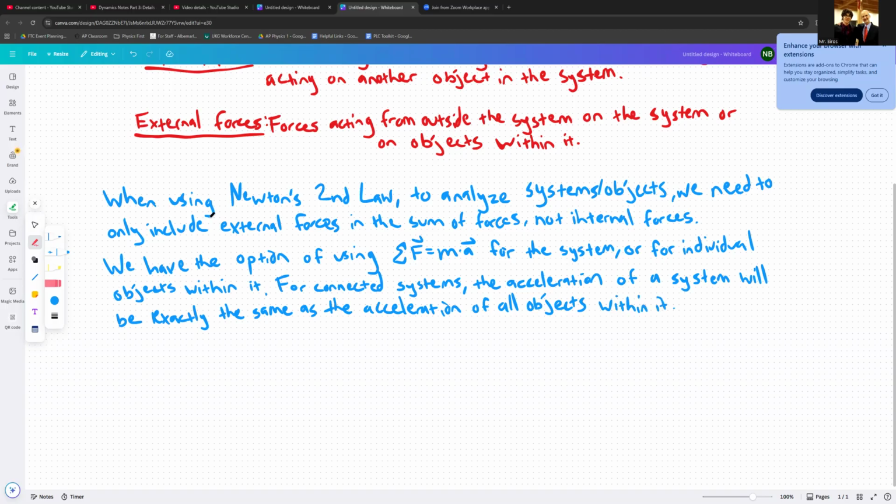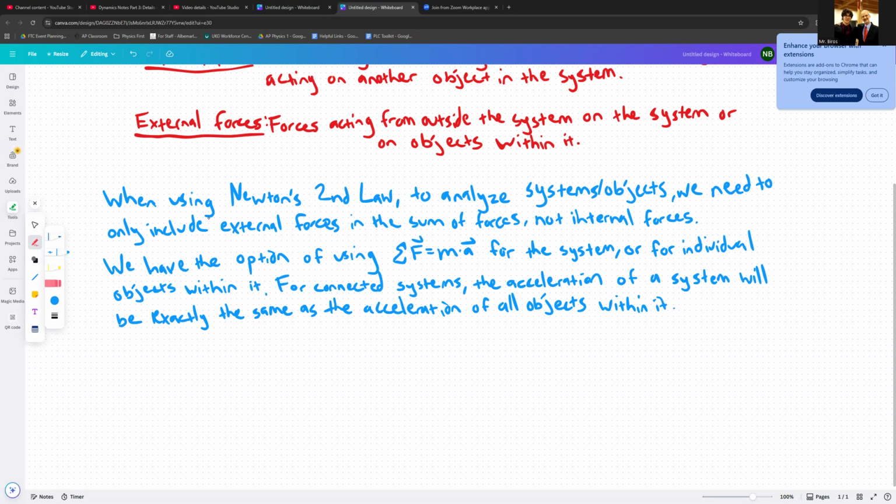We'll explain this further in a little bit with a nice example, because we'll show that if the whole system accelerates at 2 meters per second squared, then everything within that system must also be accelerating at 2 meters per second squared, because we can't have parts of the system accelerating more or less than this system that's all connected and moving, or accelerating, as one. And we'll get to visualize that in just a second.